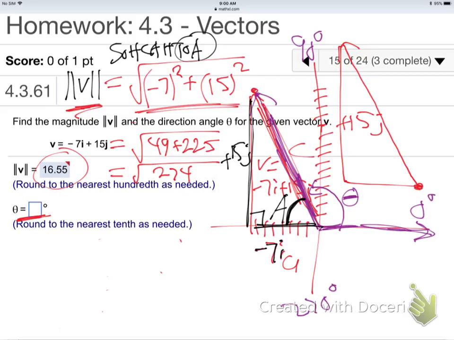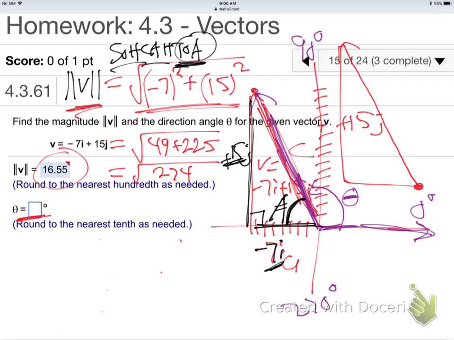Tangent of this angle A is opposite over adjacent, since I don't know the hypotenuse. Well, I do, it's 16.55, but that's a rounded number. I'd rather not deal with that, so I'm not going to use sine or cosine because they both involve the hypotenuse. I'm just trying to do the very easiest thing.